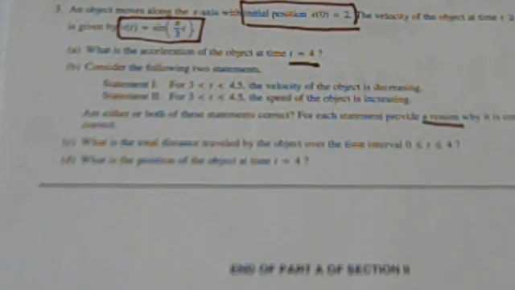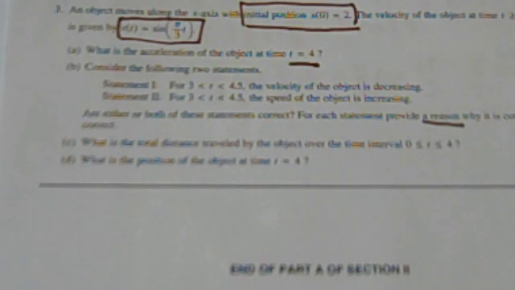Statement number 2 says, between 3 and 4.5 in the time frame, the speed of the object is increasing. Now this is asking whether either one of them or both of them are correct, and we need to provide a reason whether statement 1 or 2 is correct or not.